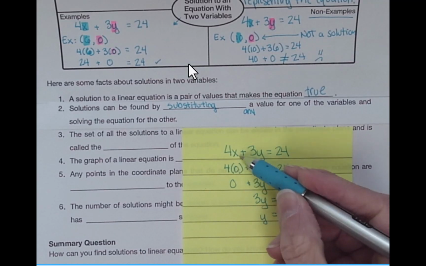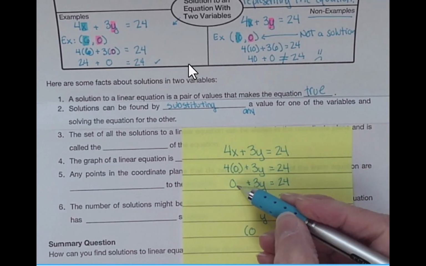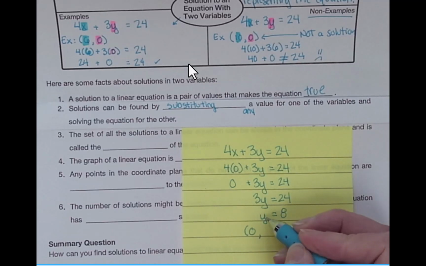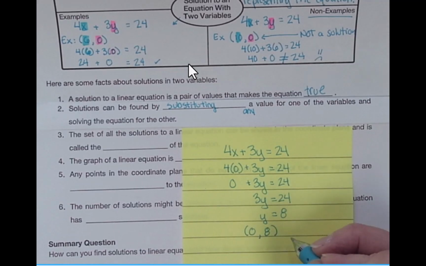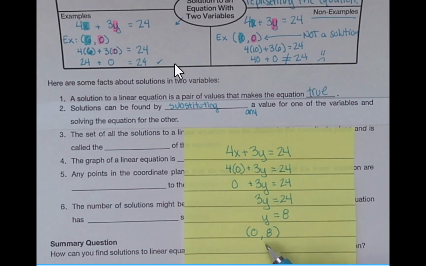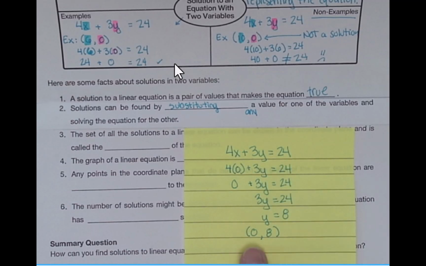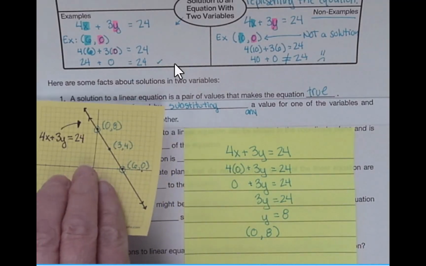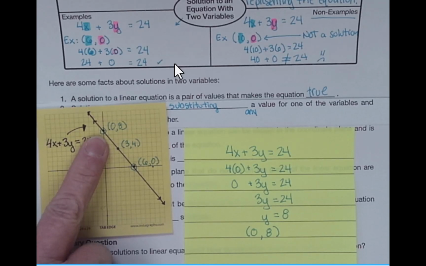We chose a value for x. We chose 0. And out came a value for y. And that's a solution to this original equation. If I substituted those values back into the original equation, it would make that equation true. And the point (0, 8) would show up on the equation represented in a graph. There's the point (0, 8). It's on the line.